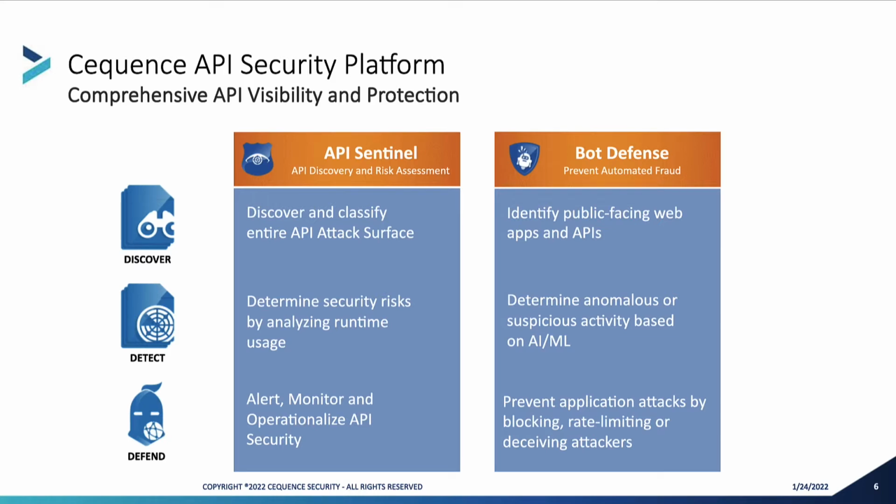We then will analyze those APIs for risks and look for threats within them to operationalize API security, if you will. Bot defense is going to look at that traffic flow, looking for signs of automation, looking for signs of malicious use, malicious users hiding in plain sight.